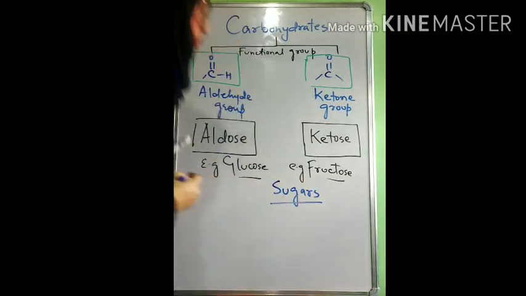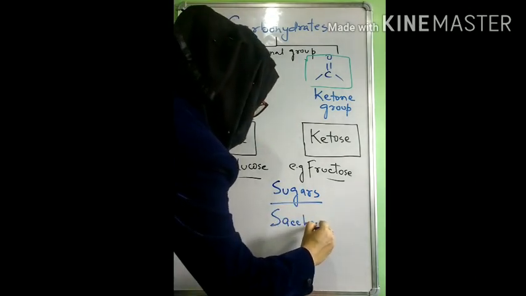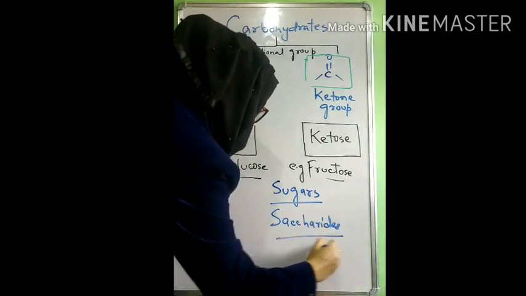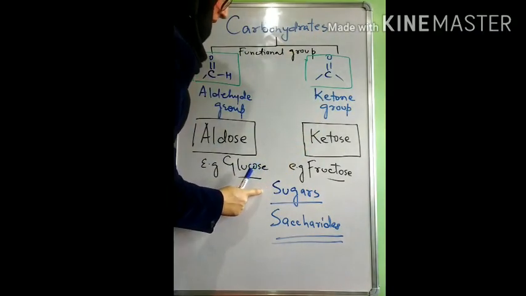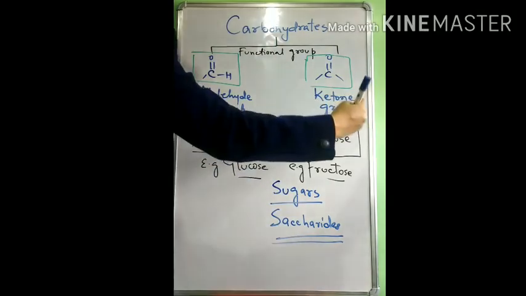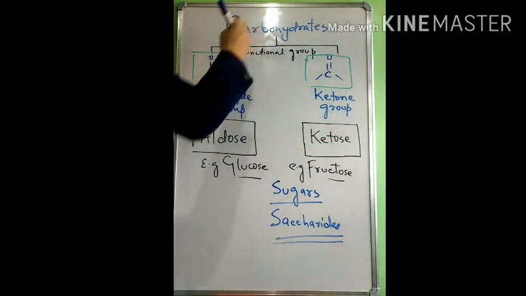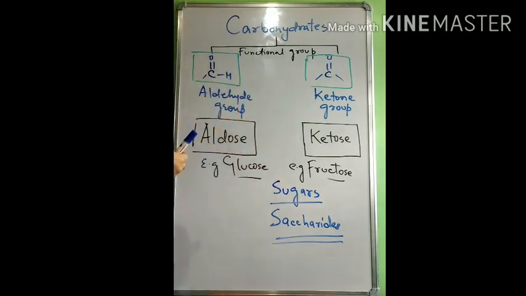You can call them sugars. Or you can use the word saccharides for them. For the same carbohydrate you can use the words sugars or saccharides, because ahead we will classify carbohydrates based upon sugars or saccharides.